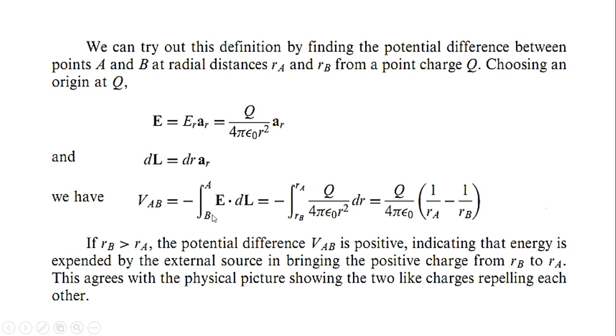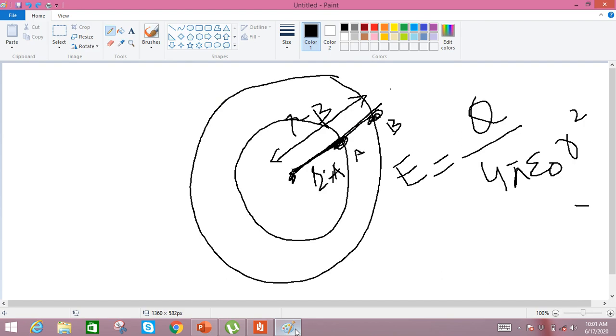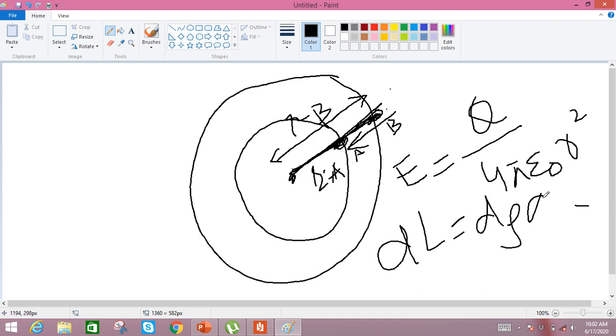We have taken the initial point as B and the final point as A. It means that the work is being performed against the electric field and our potential difference will be positive. So we are moving the charge against the electric field from the initial position B to the final position A. dl is radial and it will be equal to dr a_r.